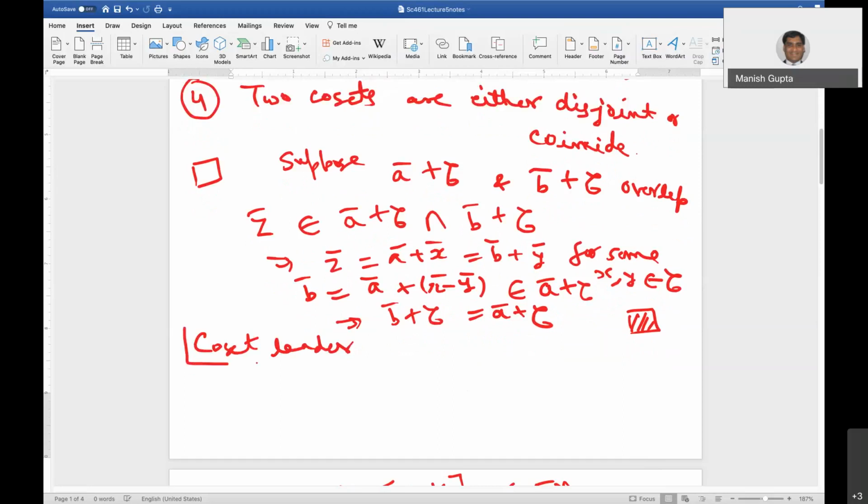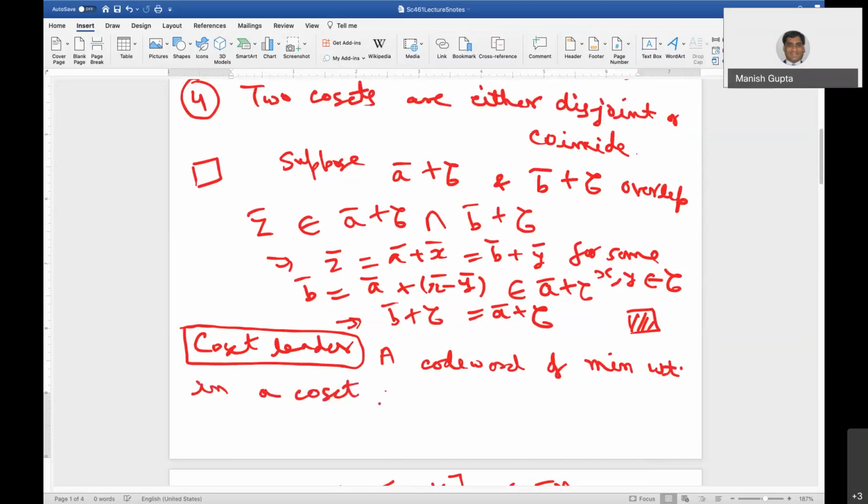A coset leader is a code word of minimum weight in a coset. The minimum weight vector in a coset is called a coset leader.